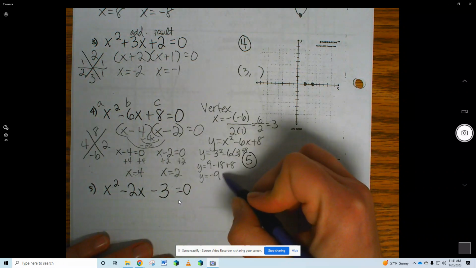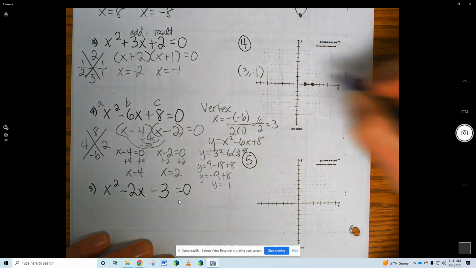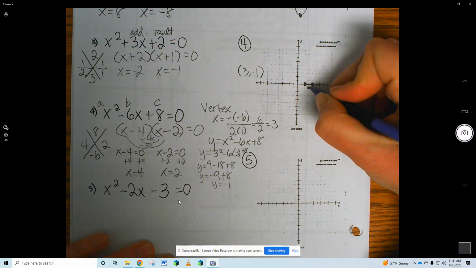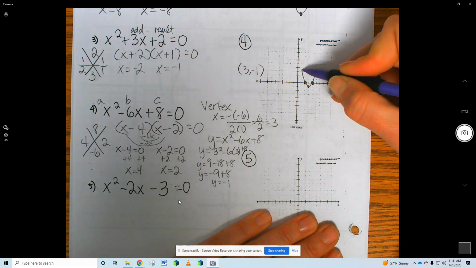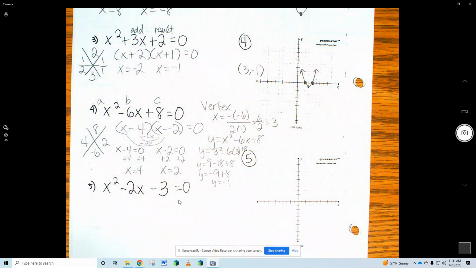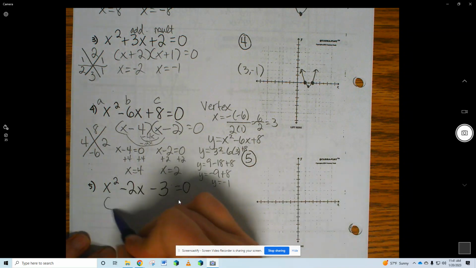Yeah, negative 9 plus 8. y equals negative 1. Over 3 down 1. There's my parabola. All right, you really need to do the last one by yourself.